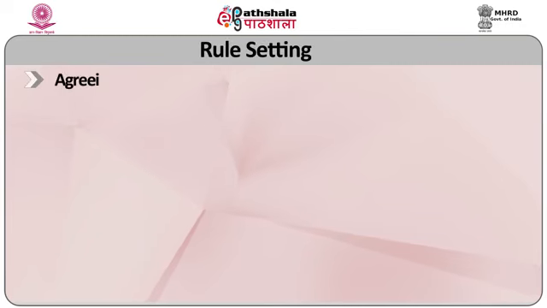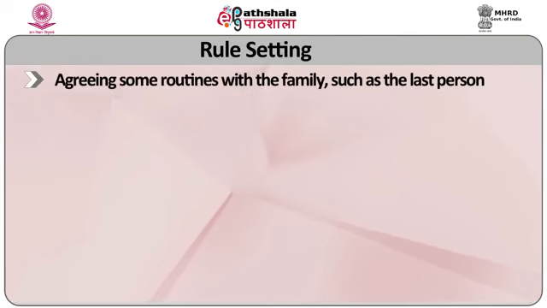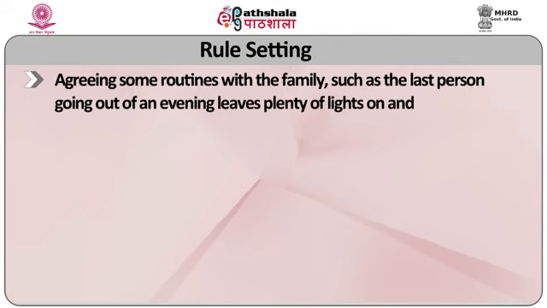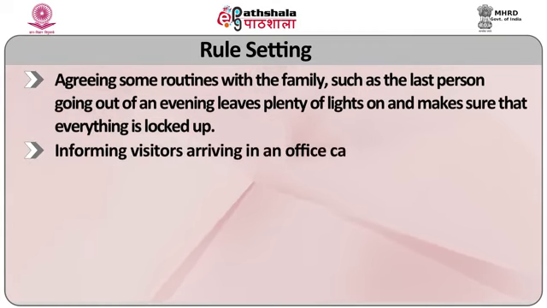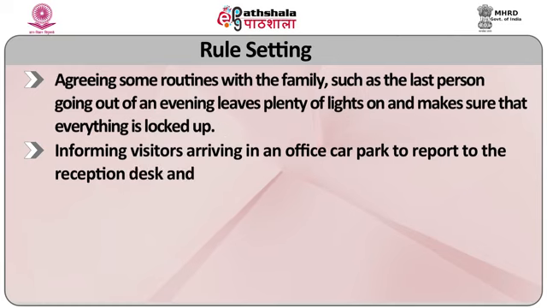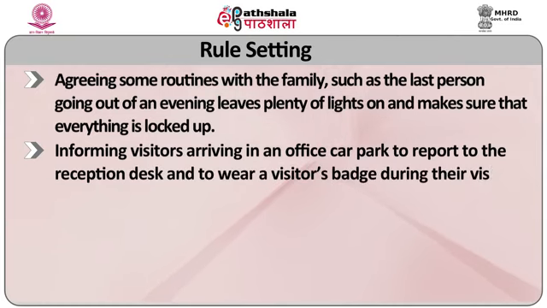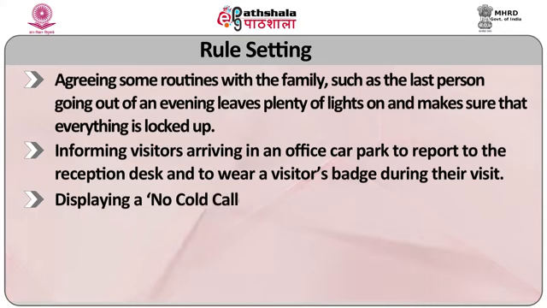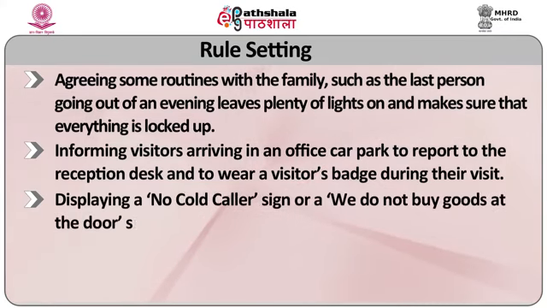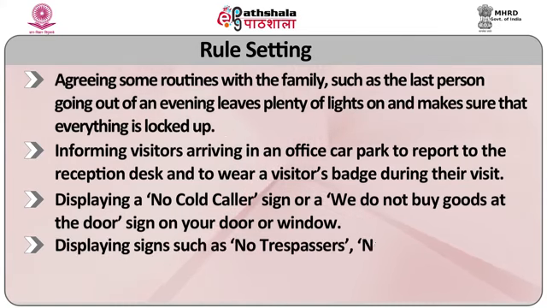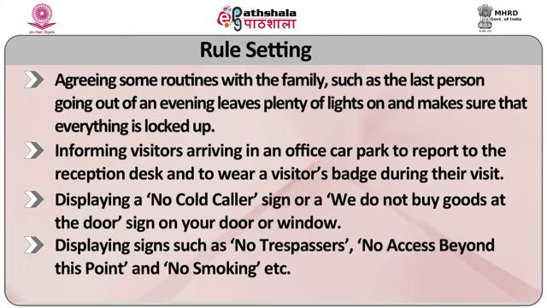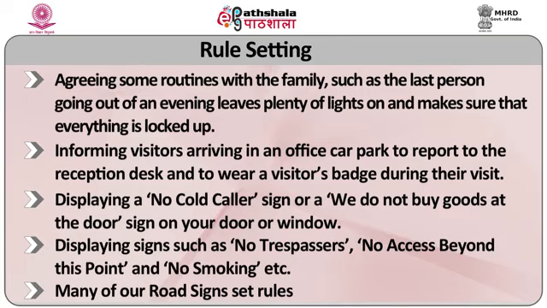This might include agreeing some routines with the family, such as the last person going out of an evening leaves plenty of lights on and makes sure that everything is locked up, informing visitors arriving in an office car park to report to the reception desk and to wear a visitor's badge during their visit, displaying a no cold caller sign or a we do not buy goods at this door sign on your door or windows, displaying signs such as no trespassers, no access beyond this point, and no smoking, etc. Many of our road signs set rules.